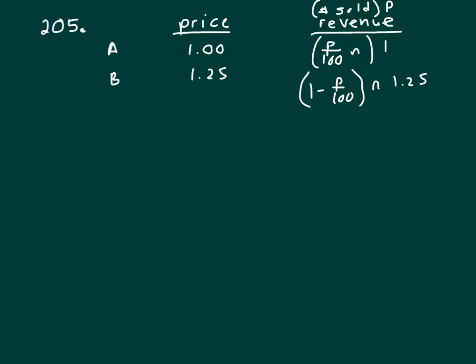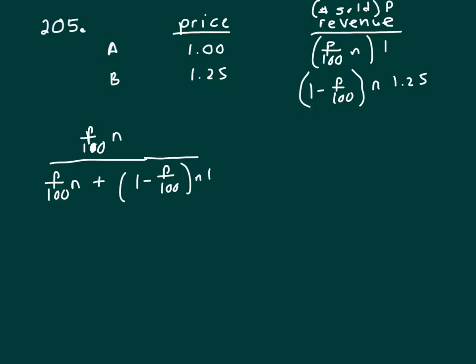So we're trying to figure out what percent of the revenue was from A. So let's do P over 100 times N times 1, which I'm just going to leave off. That's the part of the total revenue. So the total revenue is P over 100 N times 1 plus 1 minus P over 100 N times $1.25.